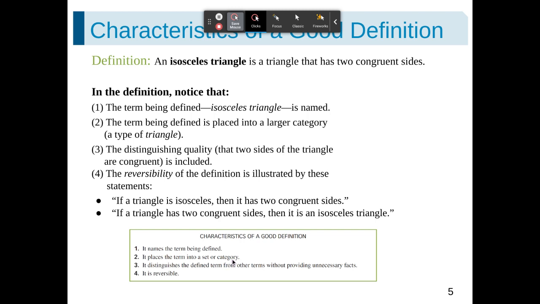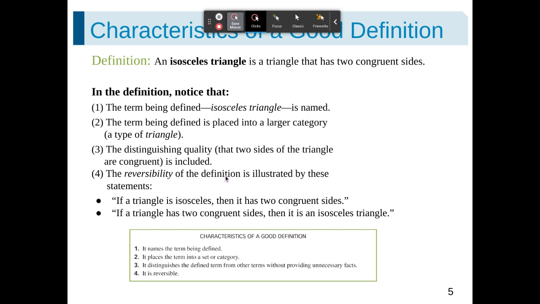It is a triangle. A distinguishing quality is included: two sides of the triangle are congruent. So it distinguishes that defined term from other terms without providing unnecessary facts. It's not an acute triangle, it's not an obtuse triangle, because it's an isosceles triangle because it has these two congruent sides. And it's reversible.